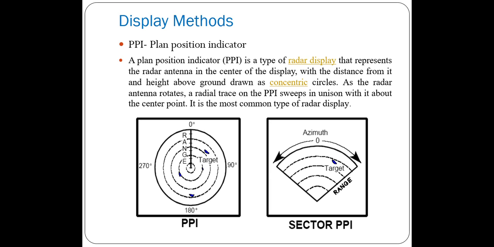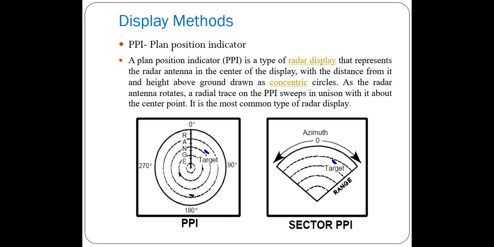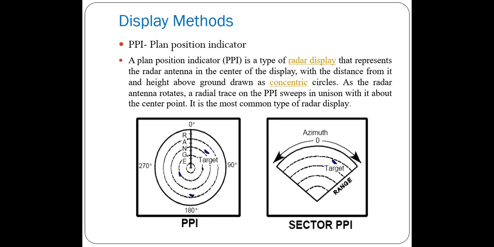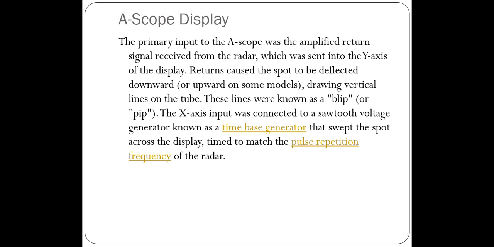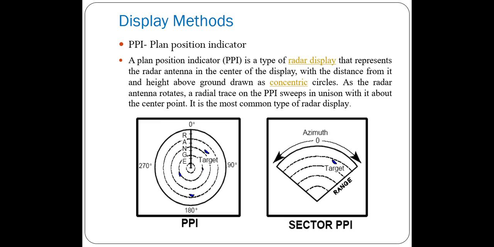This is showing the whole display for PPI. It is showing the sector PPI. This particular line is indicating the range, the radar range.